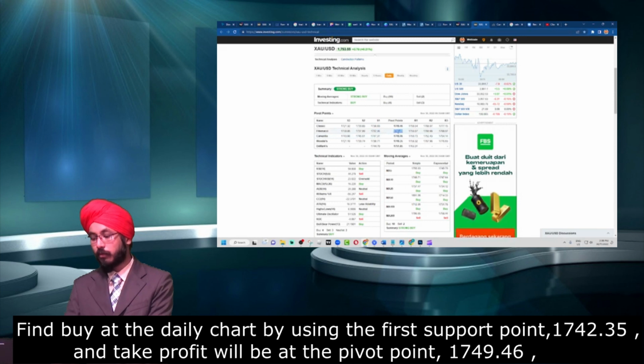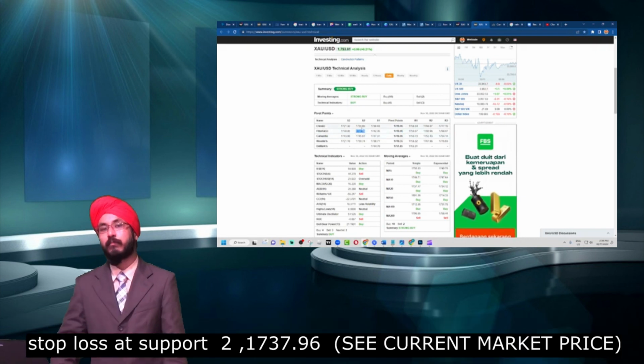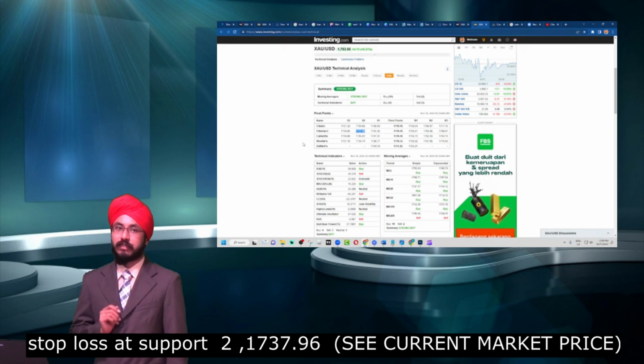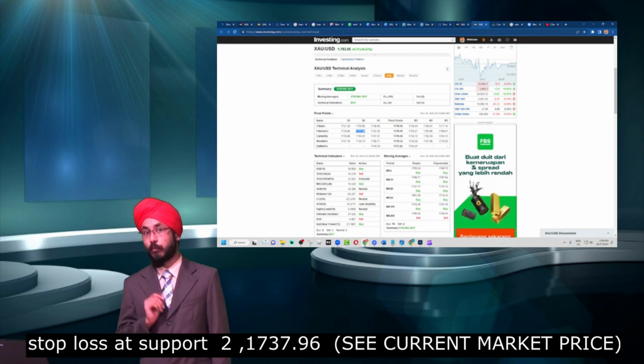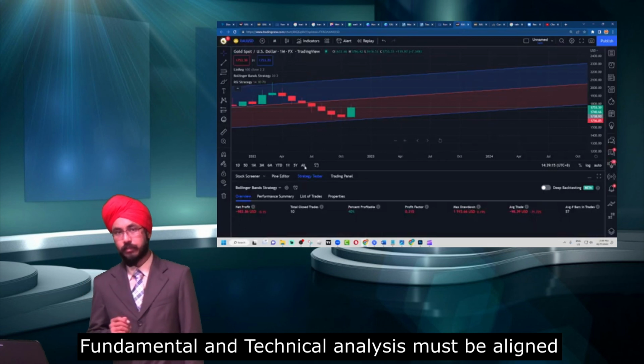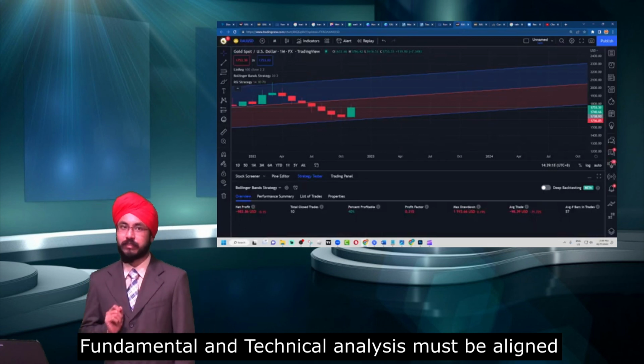The take profit point would be at 1749.46, and our stop loss could be at 1737.96. This technique has a winning probability of about 80 to 85%. It can be used, and it is very easy to use in the trade.